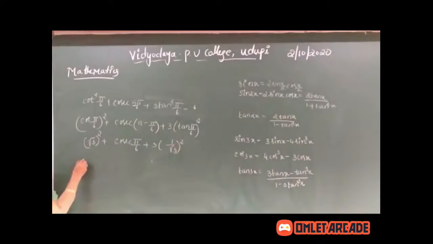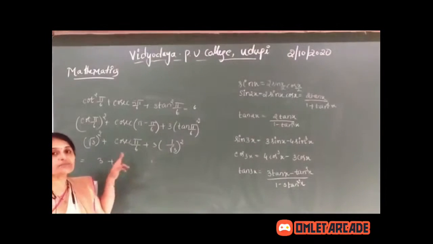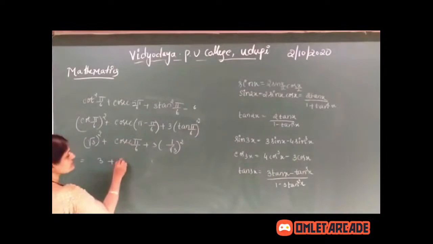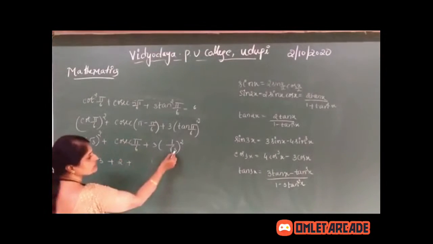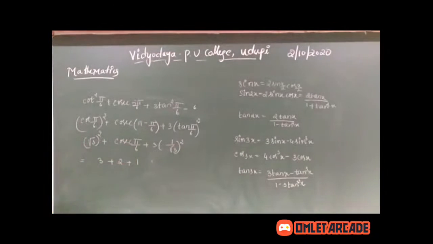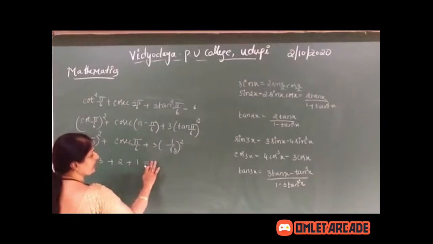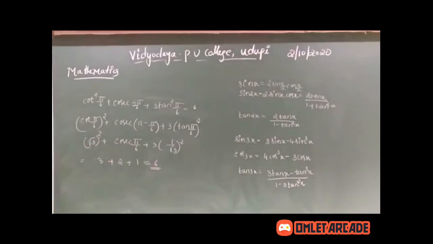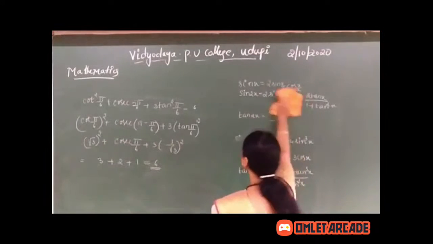Okay, so what is it now? This is 3 and cosecant pi by 6, sin pi by 6 is how much? It's half. So its reciprocal means we get 2, and here root 3 square is 3. 3 plus 3, 3 by 3, so it is 1 and we get the answer as 6. Okay, so write down this. Check your answer, this was homework.